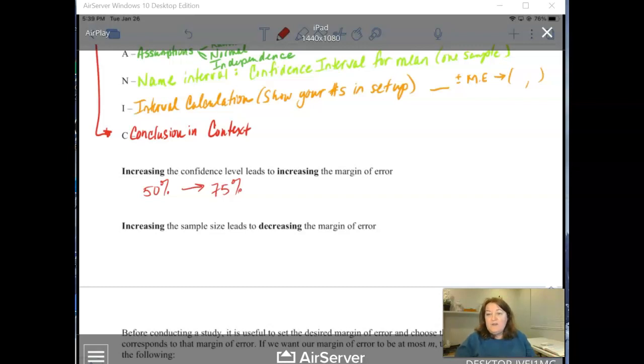Increasing the sample size leads to decreasing the margin of error. Why is that? As n goes up, we know that variability goes down. Variability decreases, and variability is another way to say margin of error. It's the same concept as last chapter.